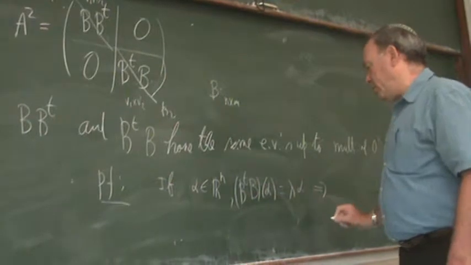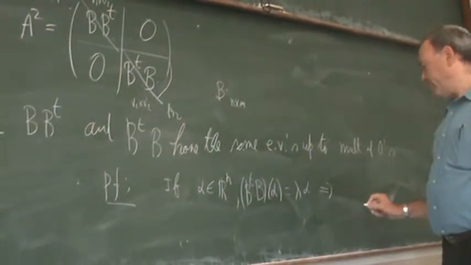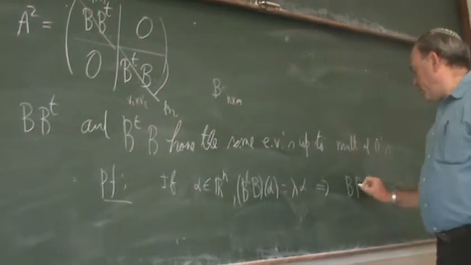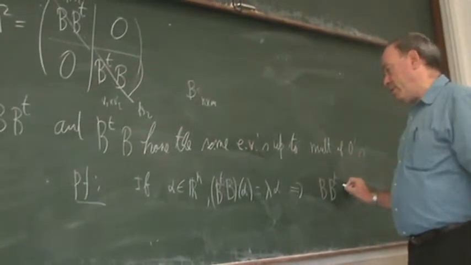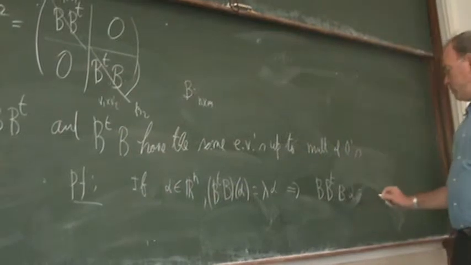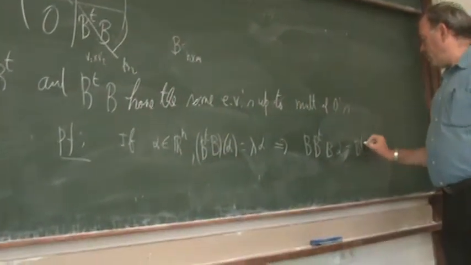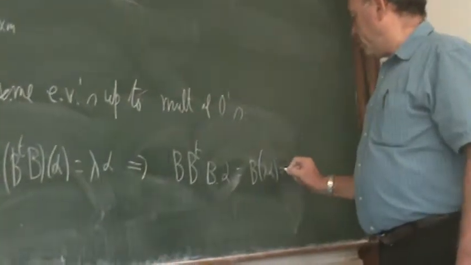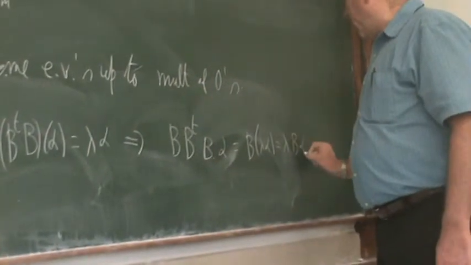So this means that B^TB of alpha is equal to B lambda alpha, which is equal to lambda B alpha.